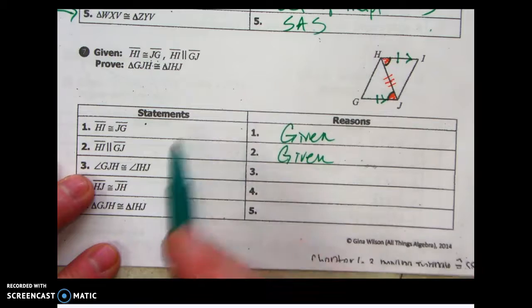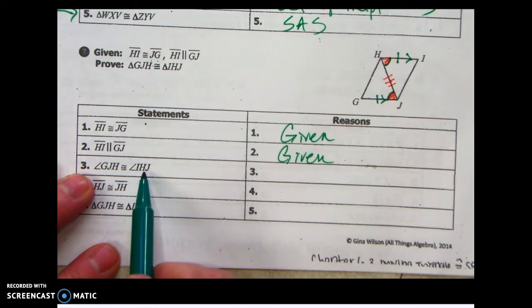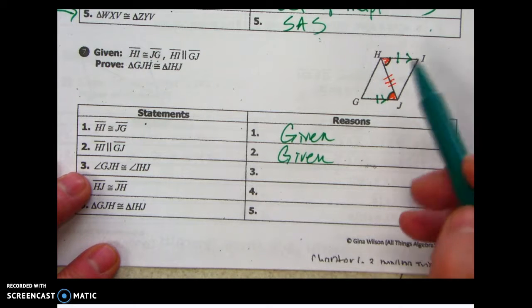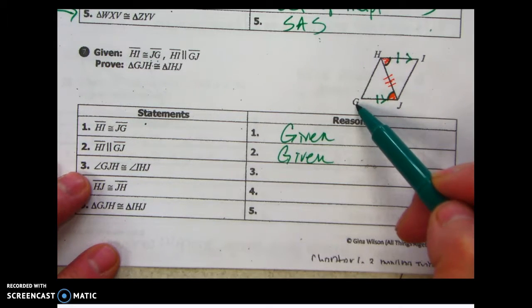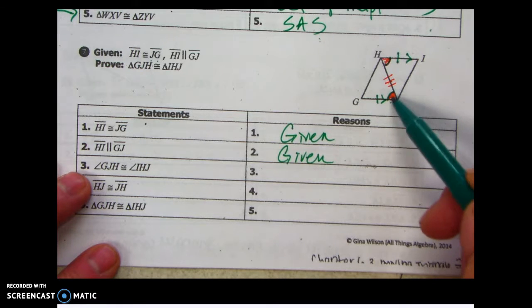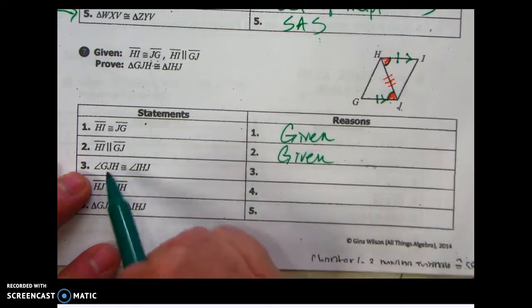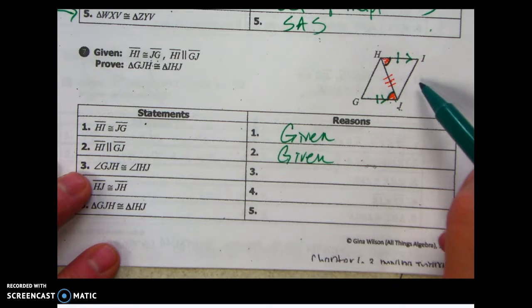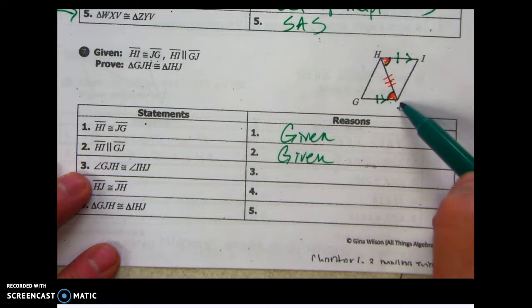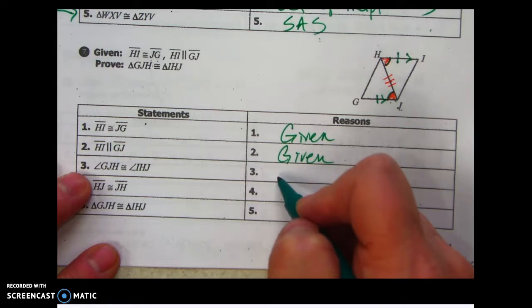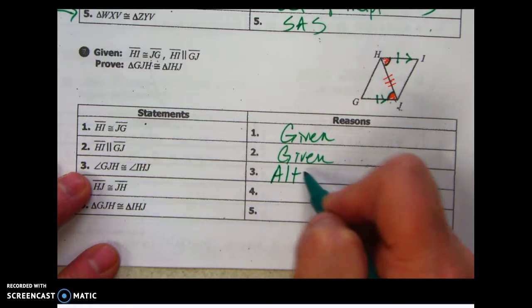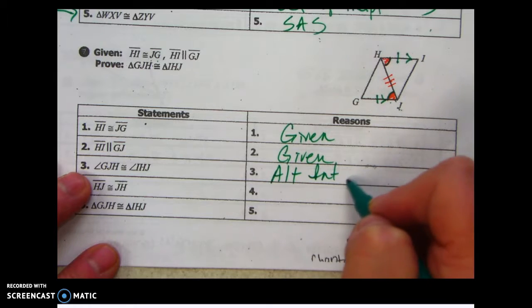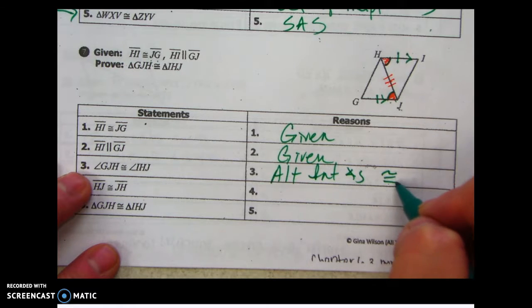Okay, and then the information I got from the parallel lines leads me to be able to state that angle GJH, J, the middle letter, is where my vertex is, is congruent to angle IHJ. And that is because the alternate interior angles that are formed by parallel lines are congruent.